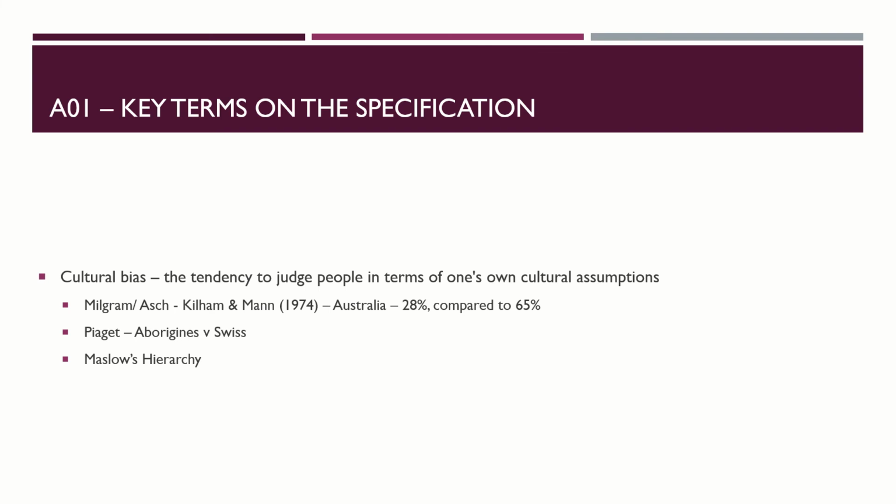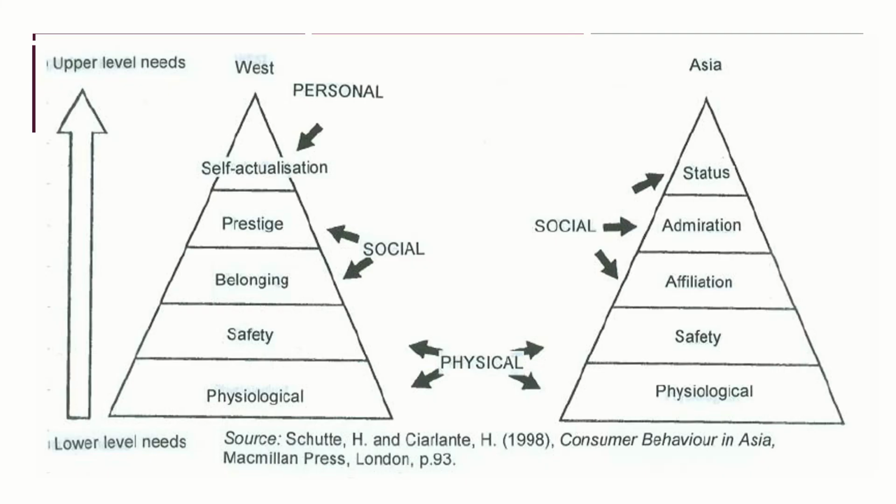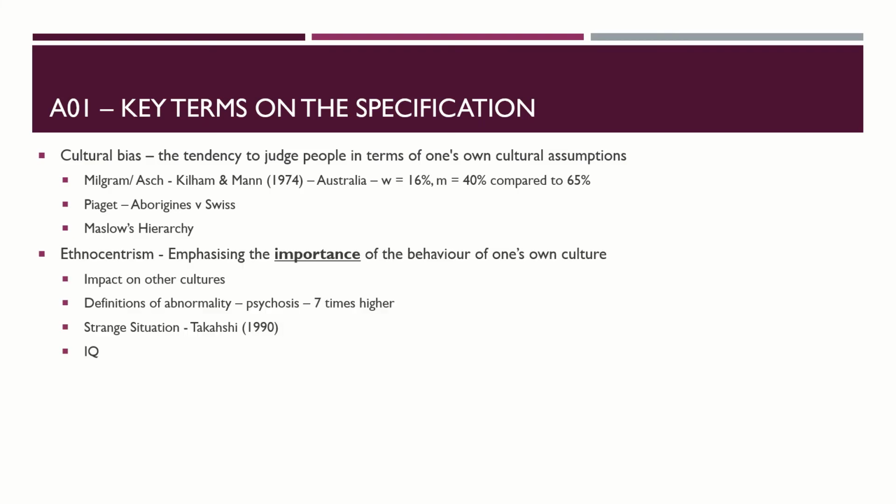So there's a cultural bias. We're looking at behaviour from a very Western perspective and not considering other cultures and the fact they might have different levels of obedience or conformity, different stages or times or orders of cognitive development, or different needs and different ultimate goals as in Maslow's hierarchy.